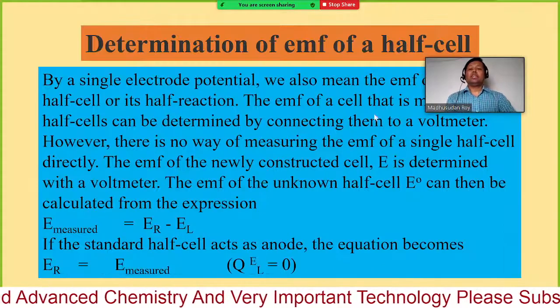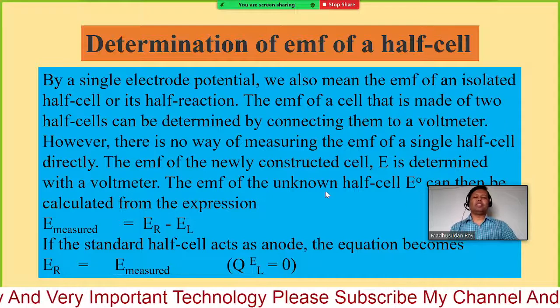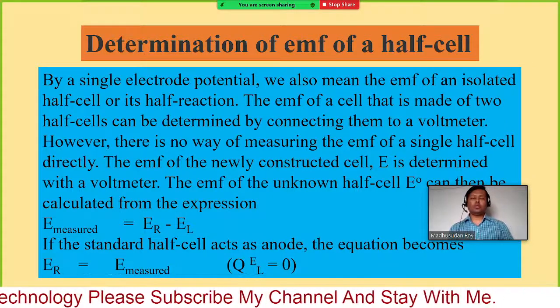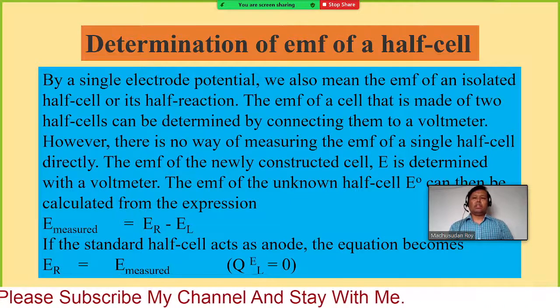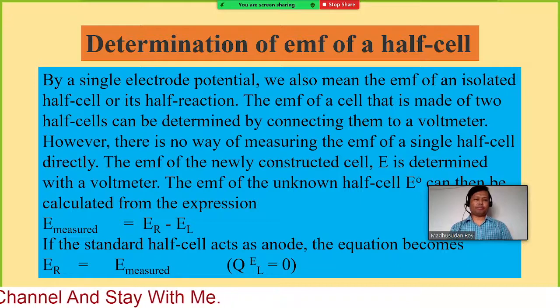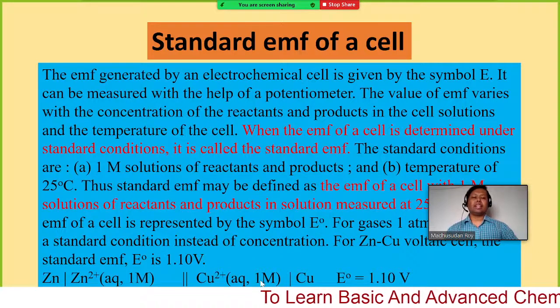Okay. Determination of EMF of a half cell is a little bit long, however it is not so difficult. So how can we determine the EMF of a half cell? As I have mentioned, we can determine the cell potential for these types of cells if you connect the two half cells by some external connection.